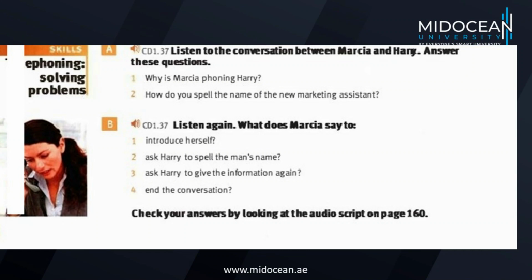Hi, Harry. Marcia here. Hi, Marcia. I need some information. Can you give me the name of your new marketing assistant, please? I need to contact him. Certainly. His name's Jeff Hayden. Could you spell his name for me, please? Okay. Jeff Hayden. Sorry. Could you repeat that, please?